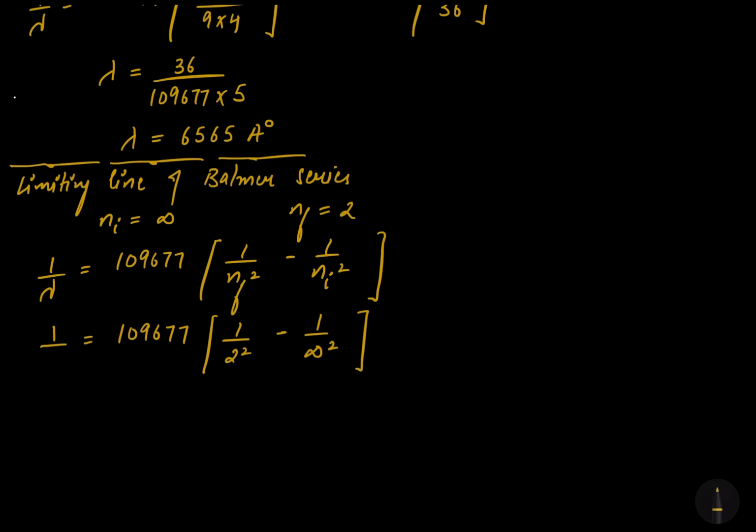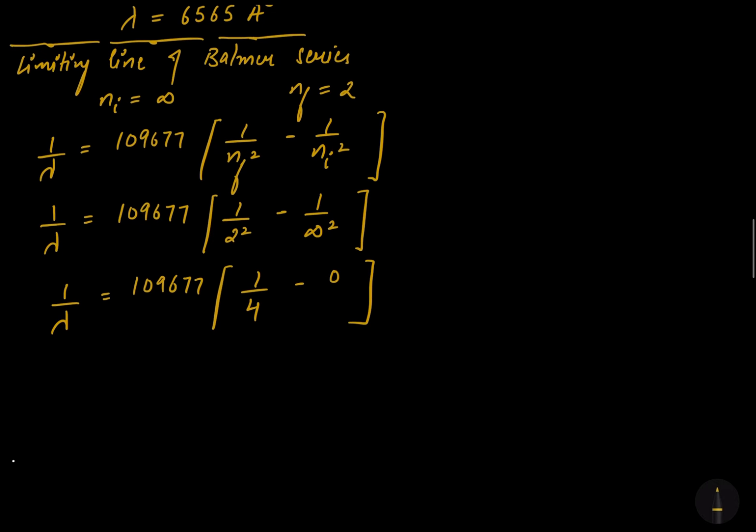So 1 by lambda comes out to be 109677 into 1 upon 4 minus 0. So my wavelength comes out to be 4 divided by 109677.